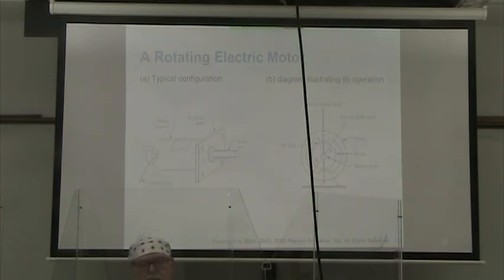All right, so a typical configuration for a rotating electric motor, we have the housing, we have a mounting plate, and a motor shaft. We have a powered cable where the electricity comes in. We have the rotor field and the stator field, which make the motor go.